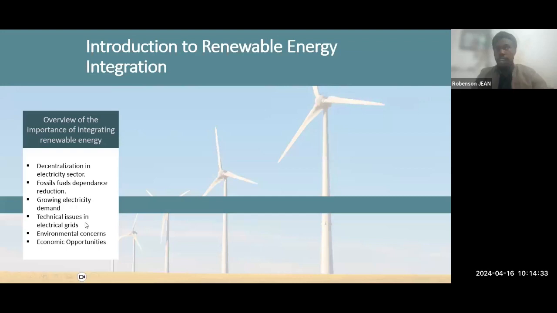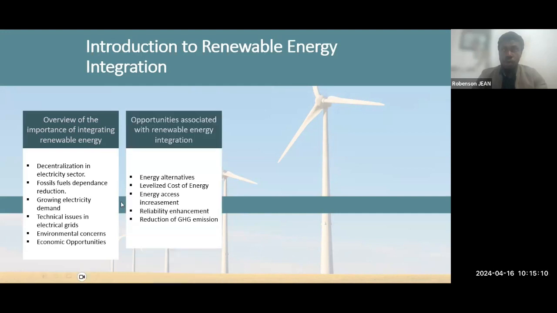Also, it helps us to face some technical issues in the electrical grid, and also with renewable energy sources integration, we can address some environmental concerns such as the greenhouse gas emission, the CO2 emission, and also facing global warming, facing things like pollution, for instance. And the more is with our renewable energy sources, we have some economic advantage.